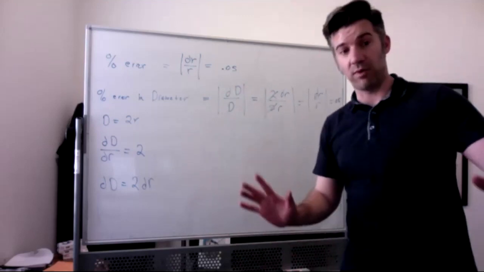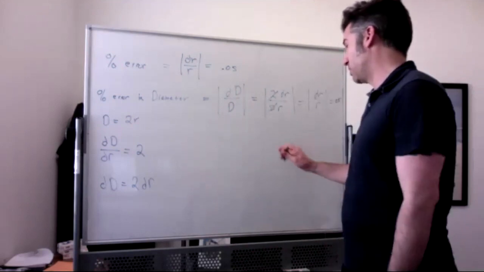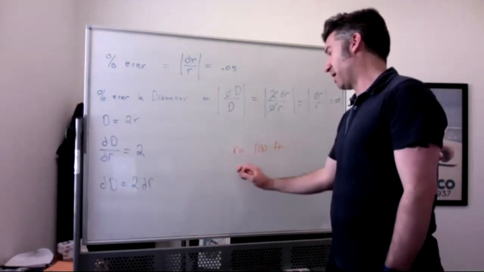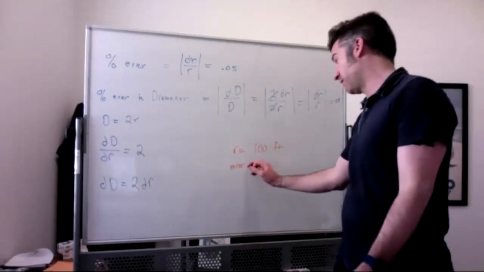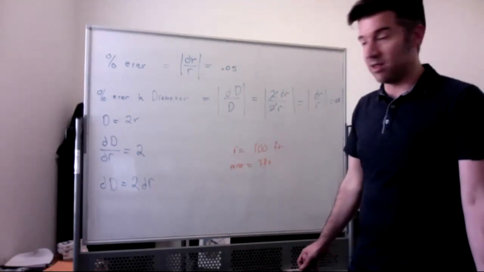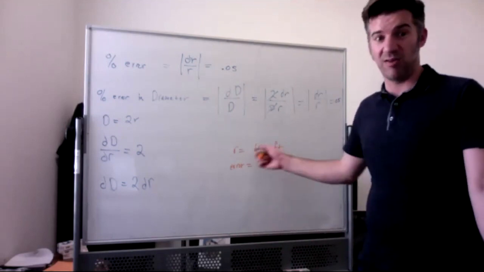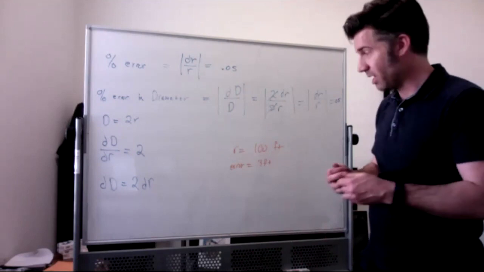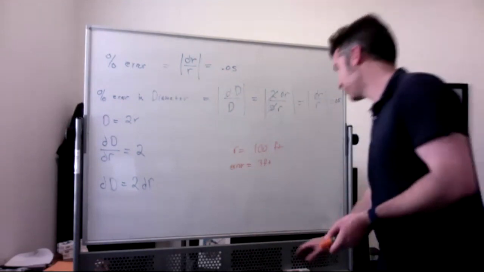So, for example, with real numbers, if my radius was 100 feet, and my error in measurement was, let's say it wasn't actually 5%, let's say it was 3 feet, then when I measure the diameter it should be 200 feet, but the error is going to be 6 feet, so it's still going to be the same percentage error. This is not true when we go to higher dimensions.